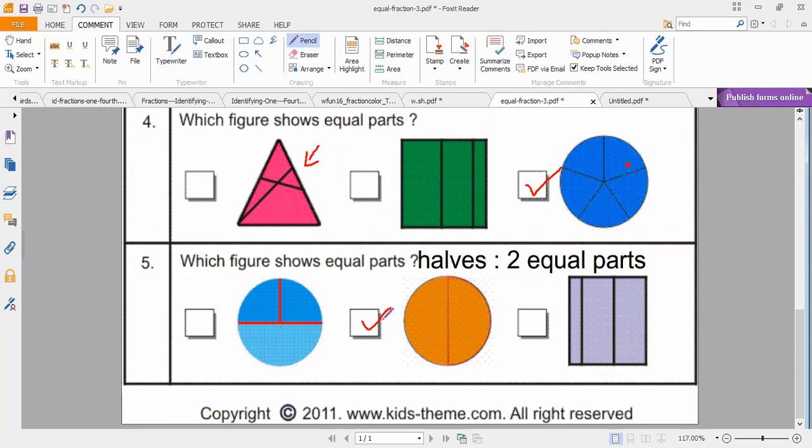Tell me. This is the first part, the second part, and the third part. How many parts here?